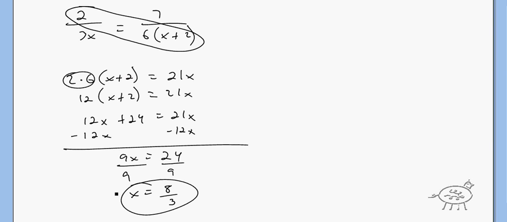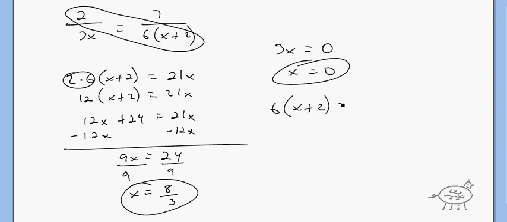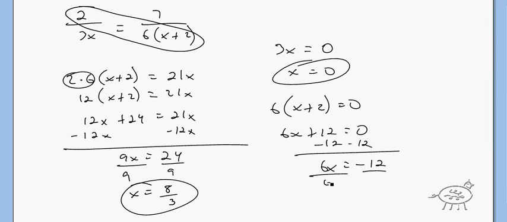And again, what can't x be? You have to check that. Well, if it's just 3x, that's easy. That's just x equals 0. And for the other one, 6 parentheses x plus 2 equals 0, so 6x plus 12 equals 0. Subtract 12, divide by 6, x equals negative 2.